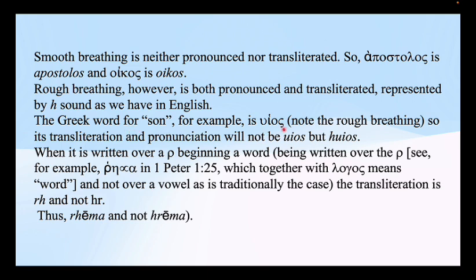You see the breathing mark? You see where it is turned? This is the rough breathing. And it tells me to have a different pronunciation and a different transliteration with an H sound. So I don't read this one without it.